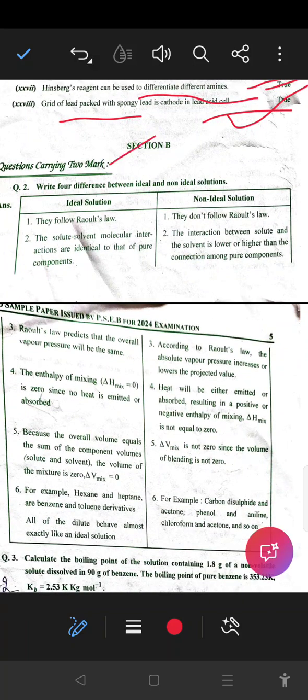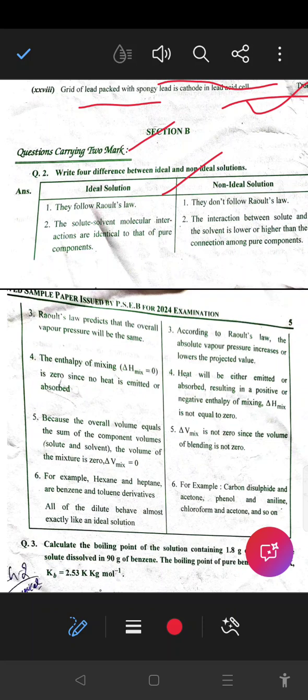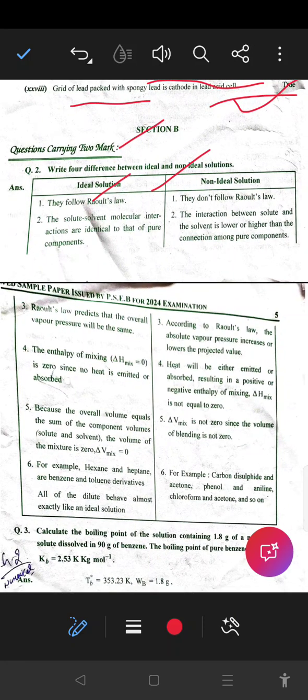Next is a 2 marks question: the difference between ideal and non-ideal solutions. An ideal solution is one which obeys Raoult's law, and a non-ideal solution does not obey Raoult's law. In an ideal solution, solute-solvent interactions are identical to those in the pure components. If the solute-solvent interaction is lower or higher, the solution shows positive or negative deviation.